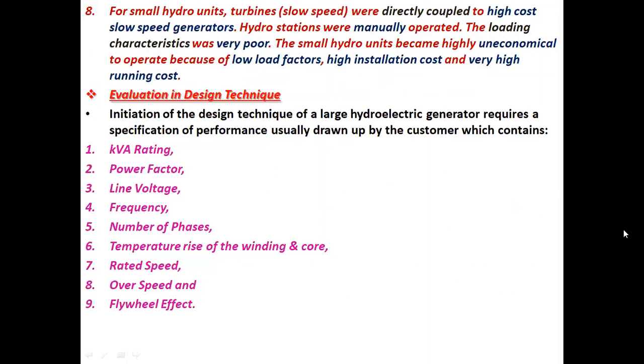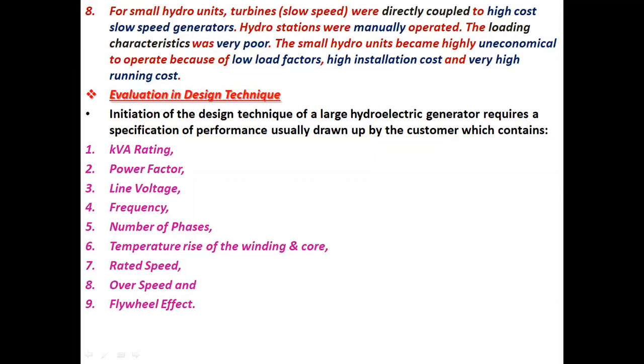For small hydro units, turbines of slow speed were directly coupled to high cost slow speed generators. Hydro stations were manually operated. The loading characteristics was very poor. The small hydro units became highly uneconomical to operate because of low load factors, high installation cost, and very high running cost.